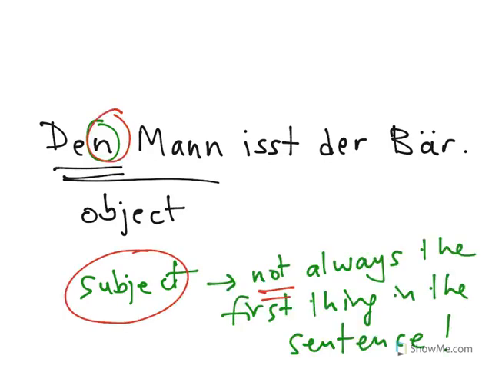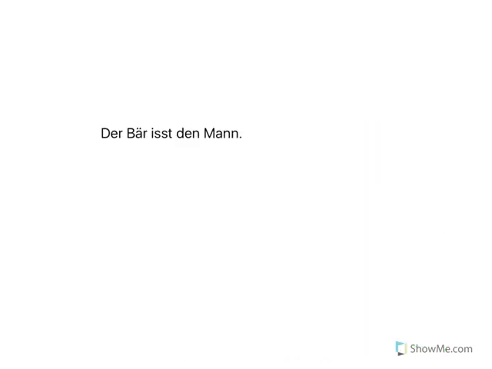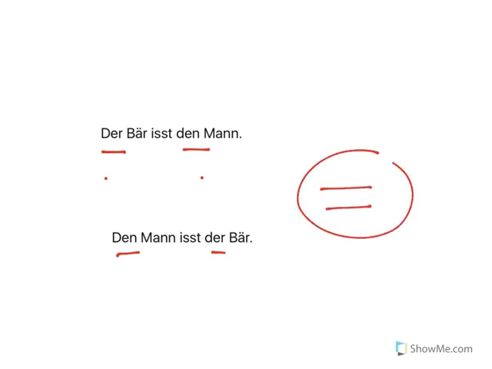You know that this word is not the subject because of the N ending on den, telling you that it is the object. If it were the subject, it would be der. So, der Bär isst den Mann means the bear eats the man. Den Mann isst der Bär means the same thing.